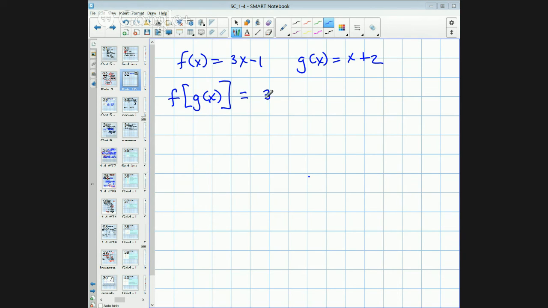Well, what's whatever in this case? 3 times, and then plug in the whole g function. So see the outer function, 3 times whatever minus 1. What's the whatever? All of g. Okay, what is that? 3x plus 6 minus 1, 3x plus 5.